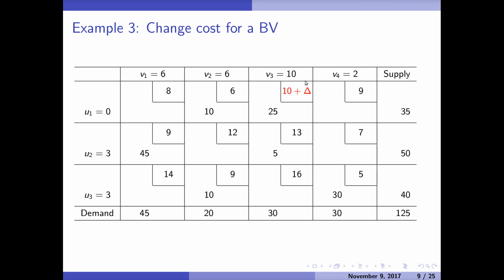So here's my basic variable that I'm changing. Now, which of the Ui and Vj need to change? U1 stays at 0, but now V3 is going to have to change to 10 plus delta. And if V3 changes, that means that U2 must change because the sum of these, right, is this.